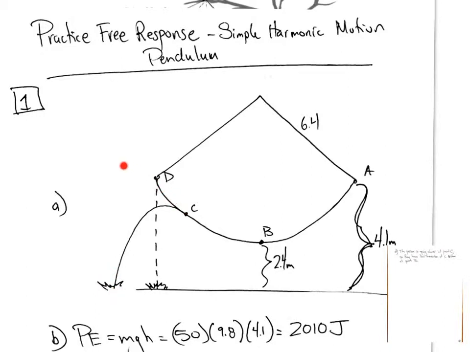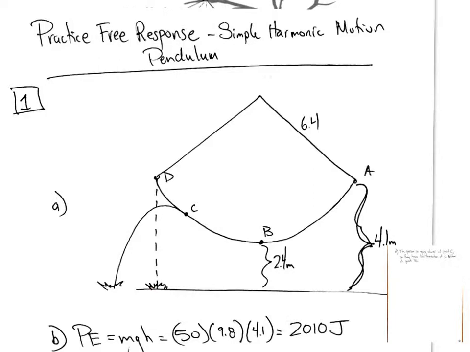Notice how it doesn't go higher than point D. That would violate the conservation of energy. And then for the second part, when they swing and get up to point D, they have zero speed at that point. So if they let go of the rope right there, they're going to fall straight down.